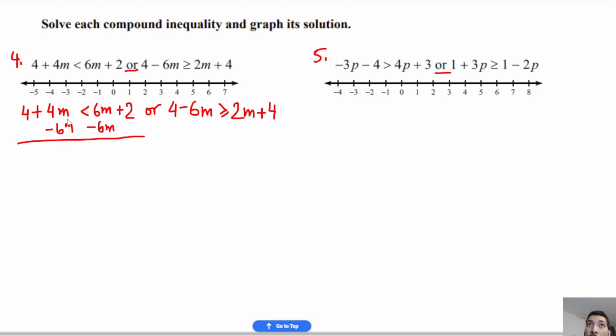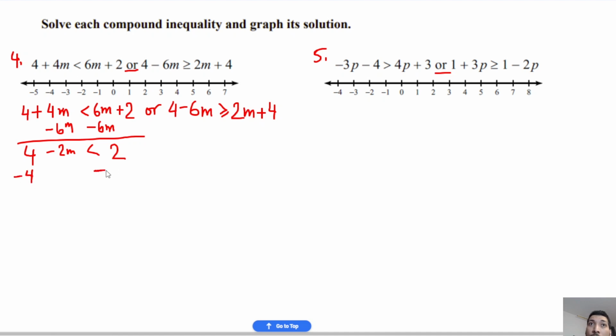So if you apply subtraction, we have 4 minus 6, that is negative 2m. And since there is a plus sign, so plus and this negative sign will have a minus sign, and we have this 4. So 4 minus 2m less than 2. And then we take this 4 to the right side, we subtract 4.